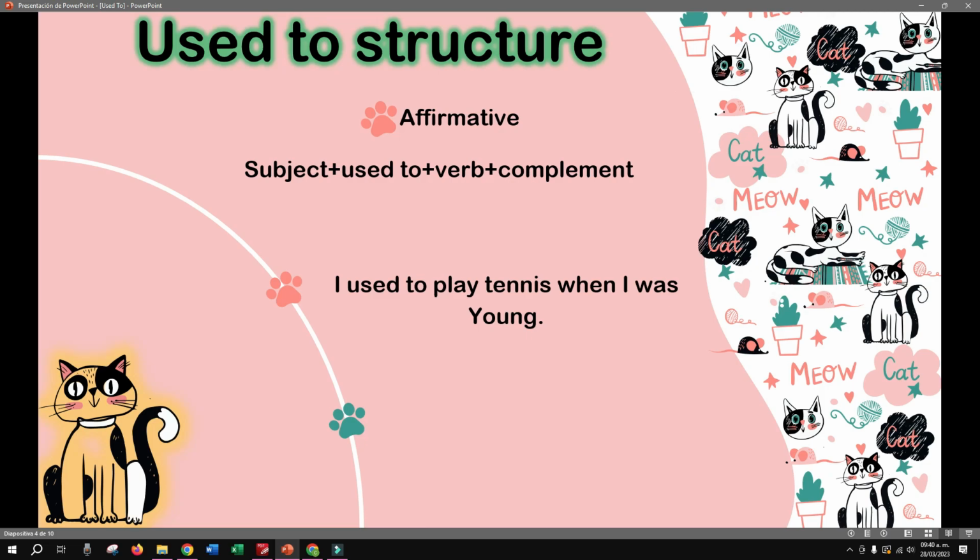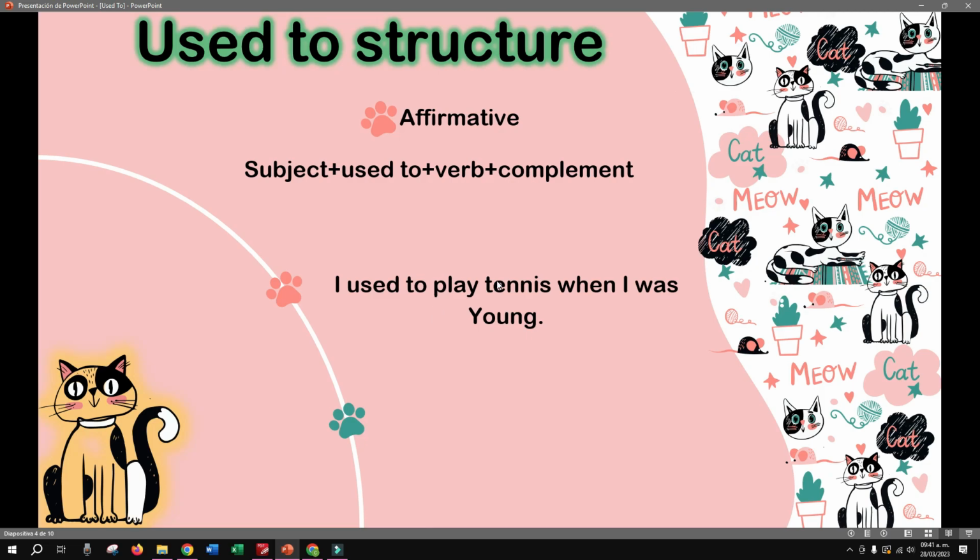So that is the option. I used to play tennis when I was young. First, that will be the subject. Used to, that's the structure we're using. Also, the complement, tennis, and this clause, when I was young.